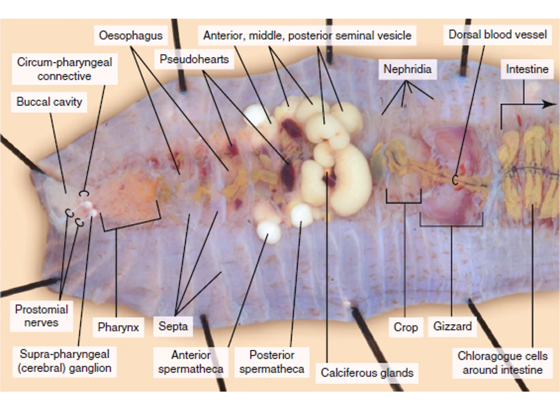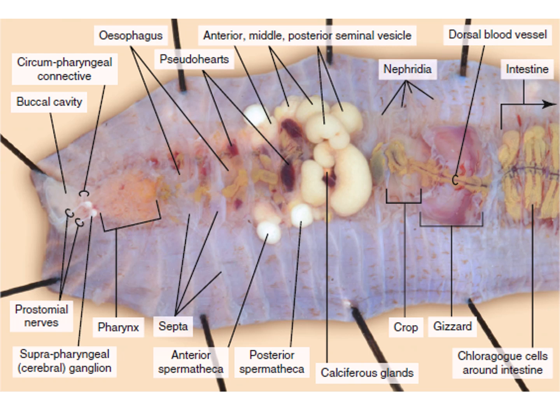We can even see the pseudo hearts that are present on the dorsal side of the esophagus, and then we can see the calciferous glands present here. They are to clear the calcium and carbonate.